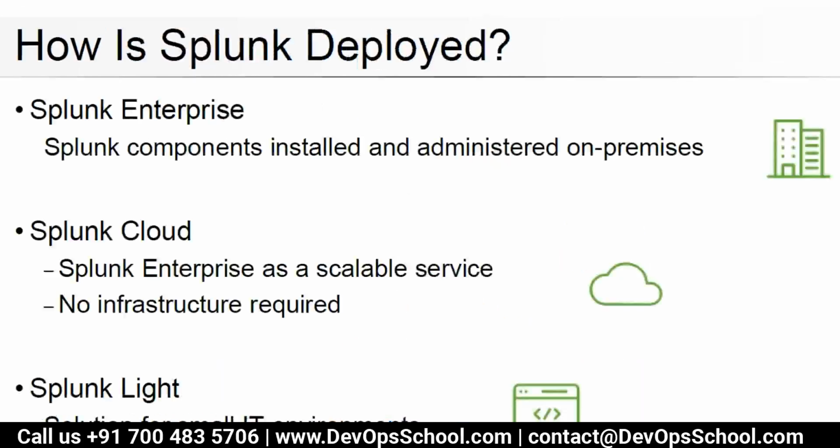How can you deploy Splunk? You can deploy Splunk in 3 ways: Splunk Enterprise, Splunk Cloud, and Splunk Lite. Splunk Enterprise is the main Splunk, where you download the software and install it on one server and work on it. It is used by most companies nowadays. If you want on-premise storage, or you have Amazon Web Services or your own web server and want to install it, Splunk Enterprise is the version.